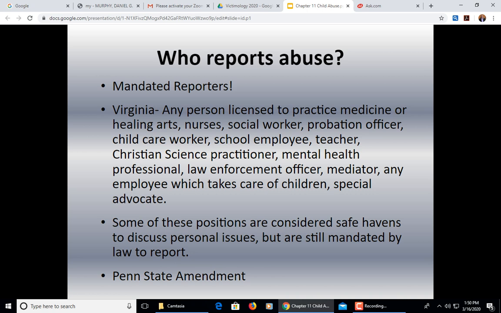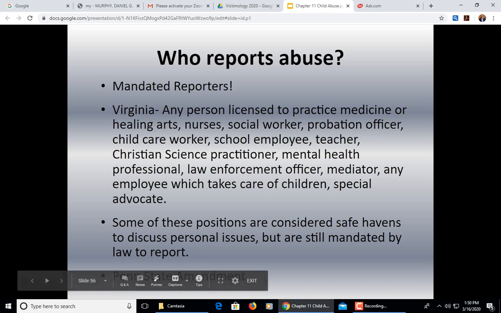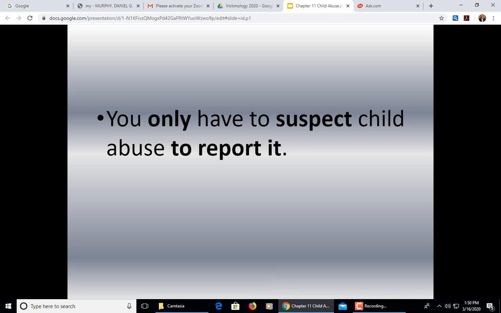But again, like I said at the very beginning of this lecture, all you need is suspicion. Some states list certain professions, while other states will just say any other person. In other words, everyone has to report. But all 50 states have mandatory reporting laws. And I can't stress enough, all you have to do is suspect abuse. You don't have to know for sure.